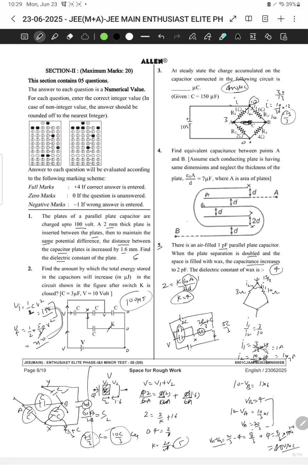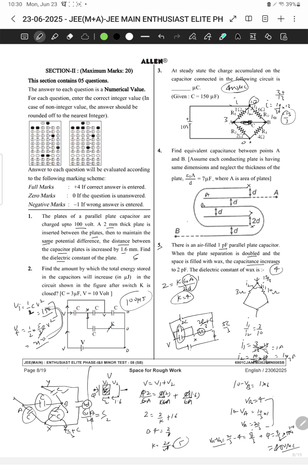Okay, now we need to find this. What is this C value? It is epsilon naught A by D. Okay, wait, there's a mistake here. I'll just do it again.